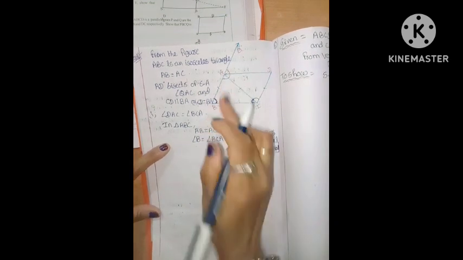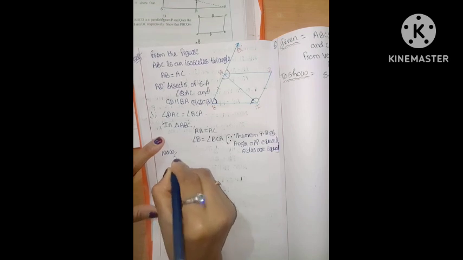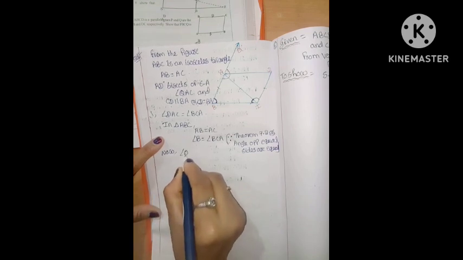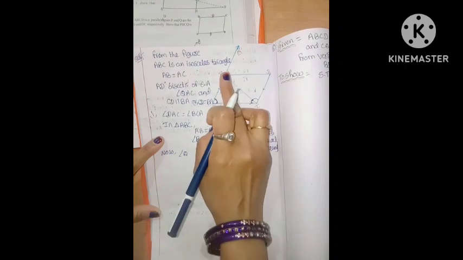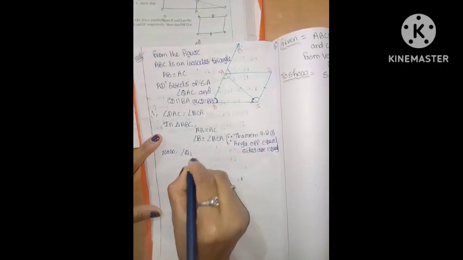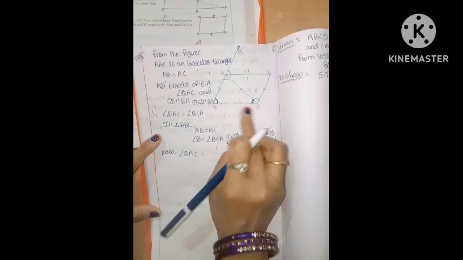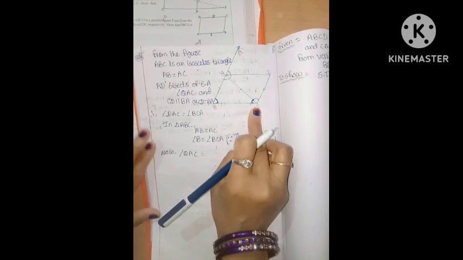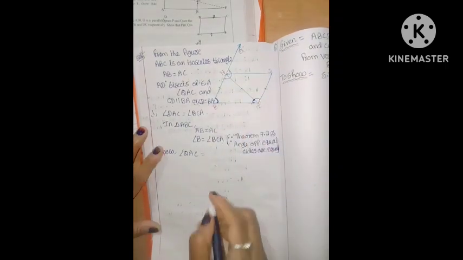Now the exterior angle. Do you know the exterior angle property? We know that the exterior angle, angle QAC, is equal to the sum of the two interior angles. This triangle's exterior angle is this one only.